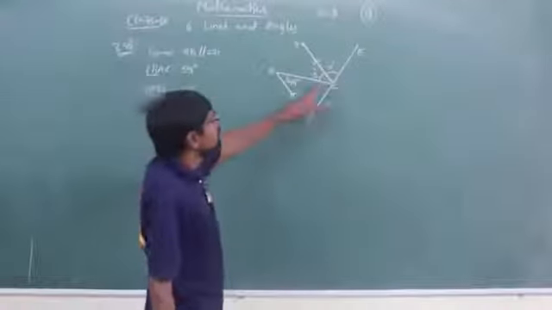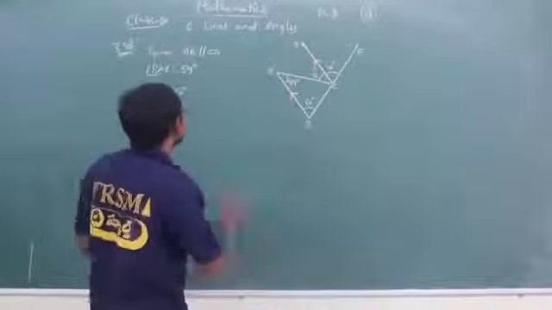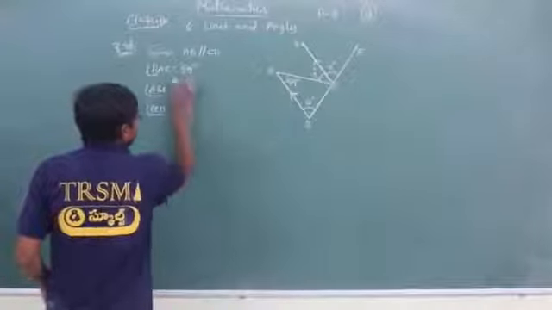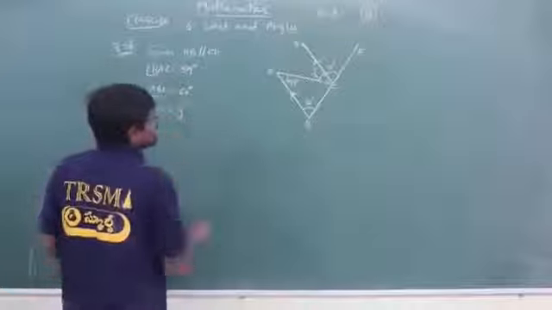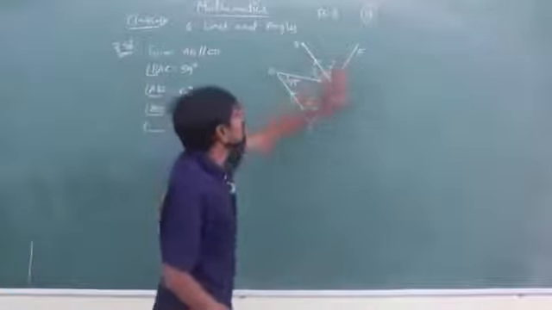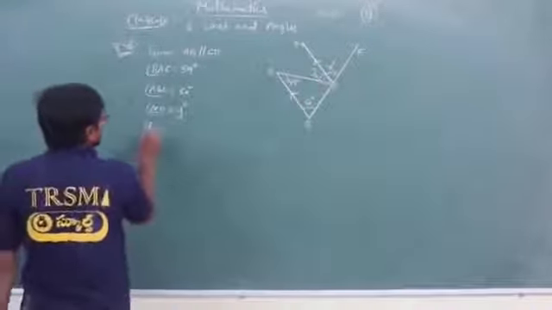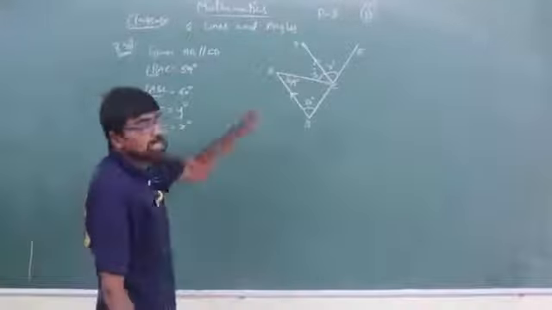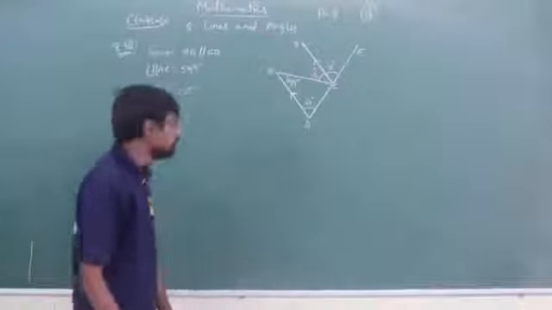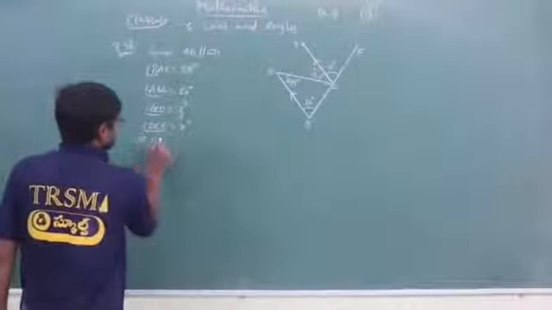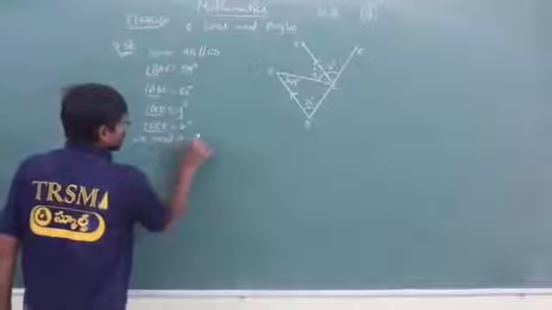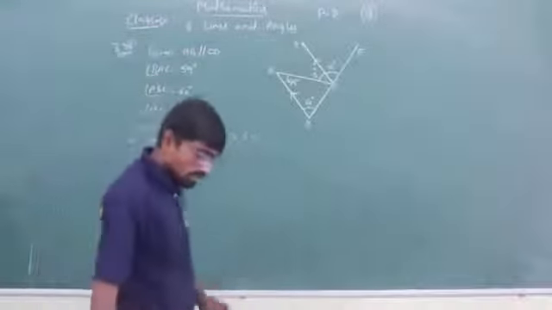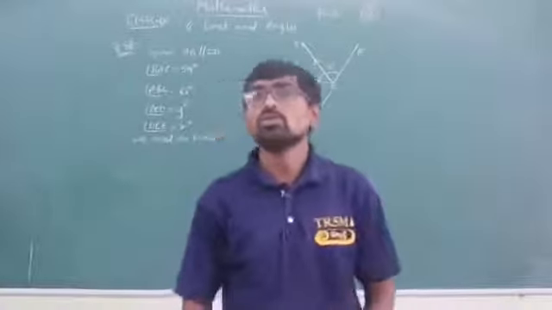Similarly angle ACD is equal to y degree, and angle DCE is equal to x degree. So these angles he had mentioned in the question. Now what we need to do? We need to find the value of x and y.